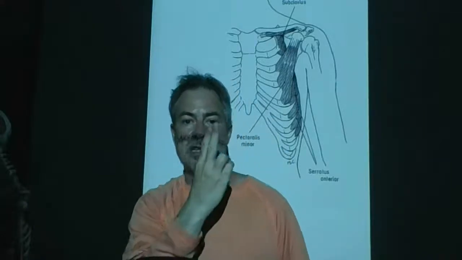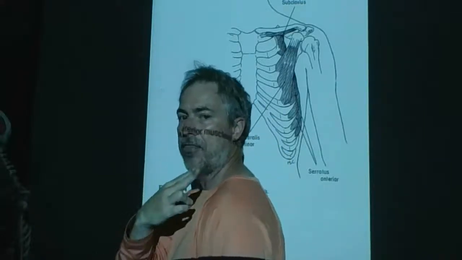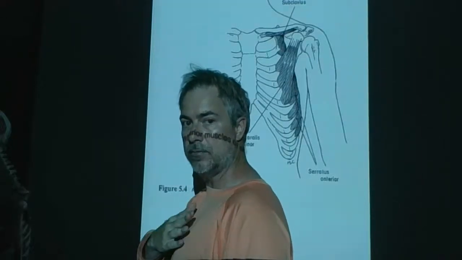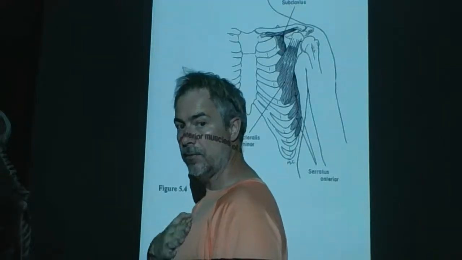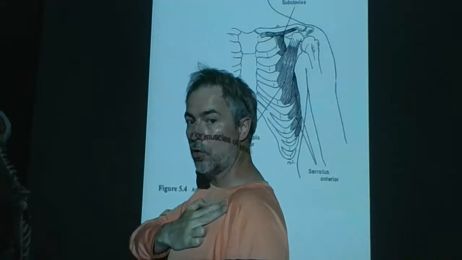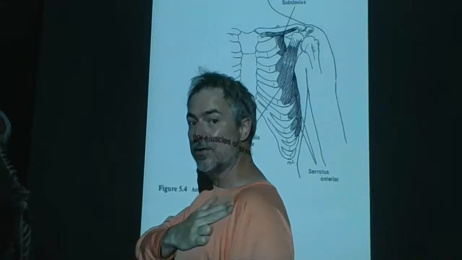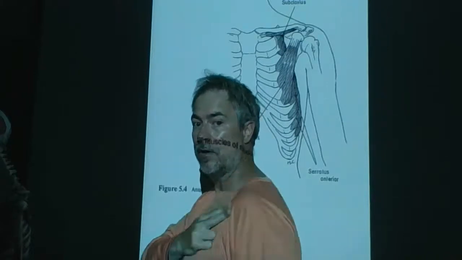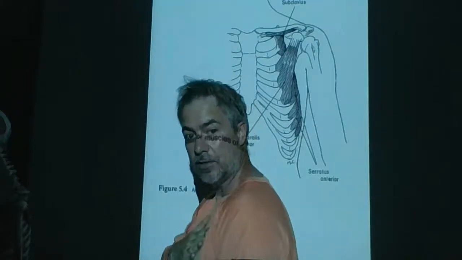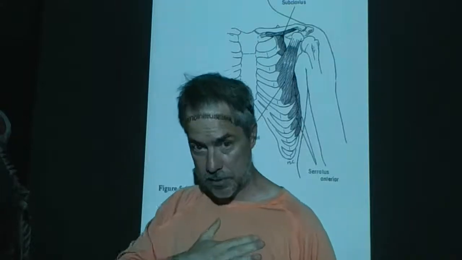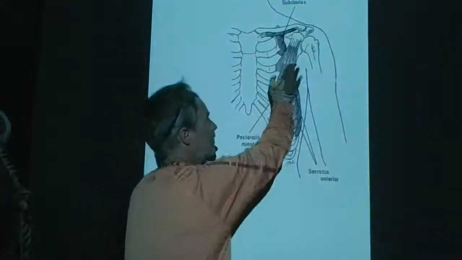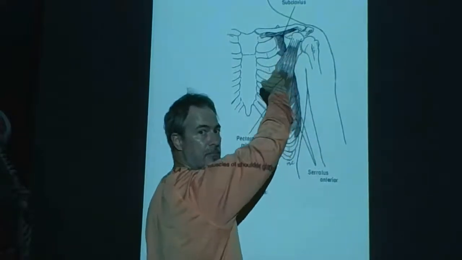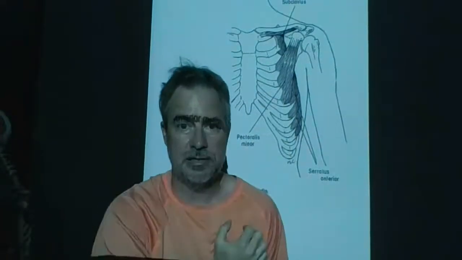What you don't see is the depth of the pull. The fact that the pec minor comes from anterior ribs to a coracoid process that is more posterior to its origin, meaning that it's trying to bring the coracoid process forward to meet up with the front of the 3, 4, 5 ribs. So this image is actually a three-dimensional image, and it's trying to pull the coracoid anterior forward.